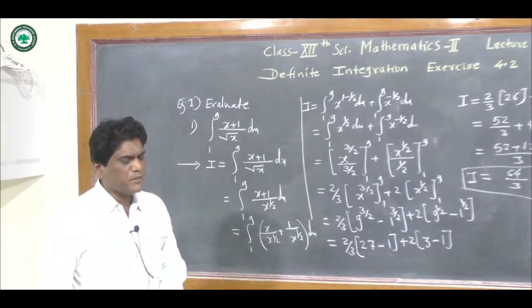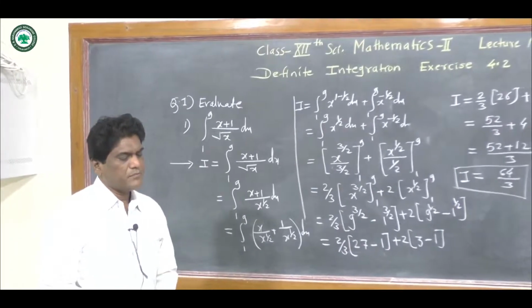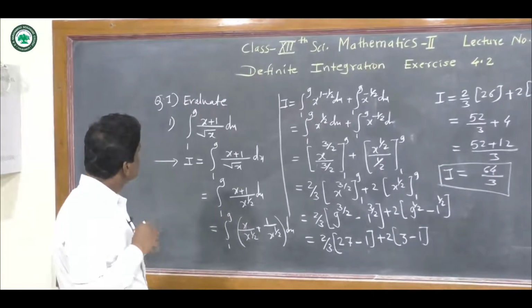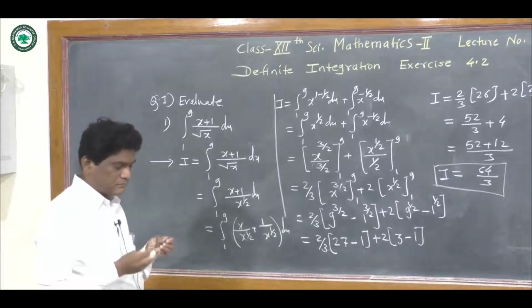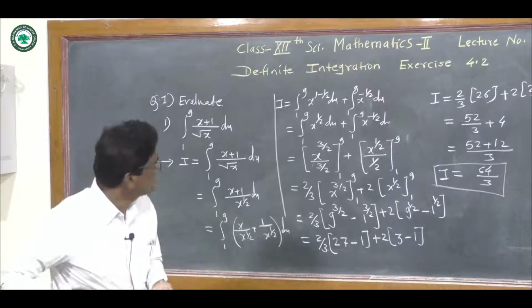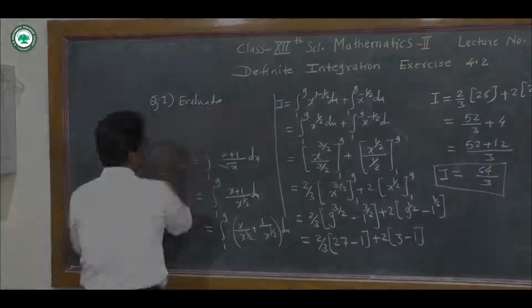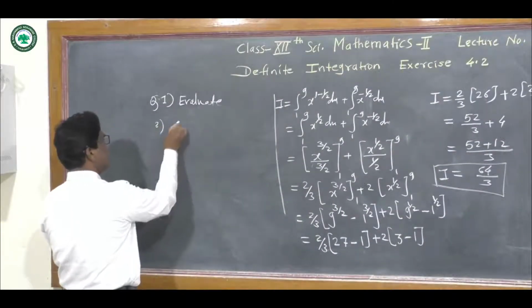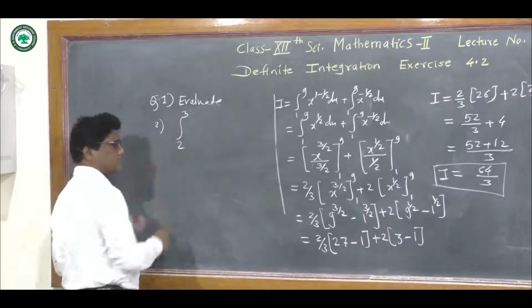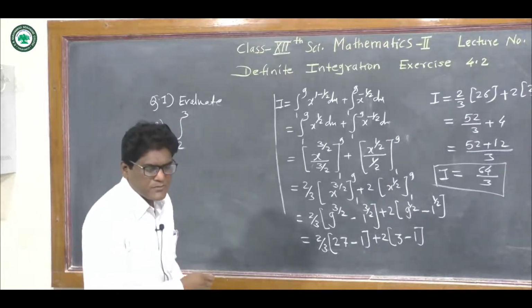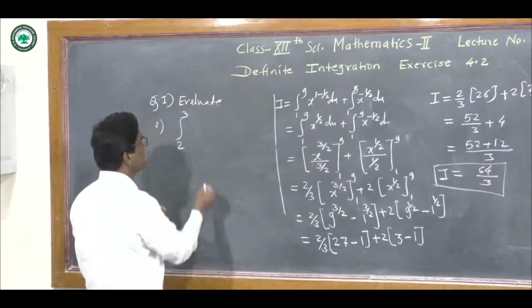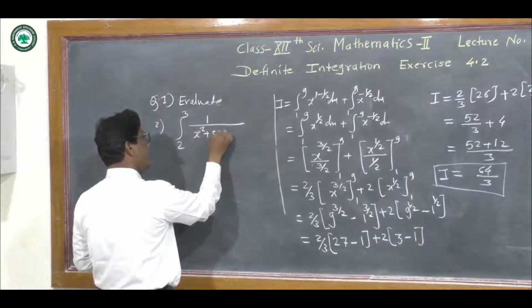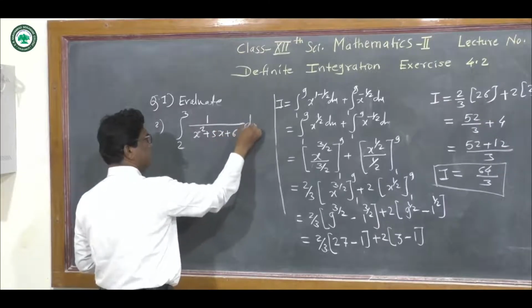Now second problem here, integration from 2 to 3, 1 upon x square plus 5x plus 6 dx.